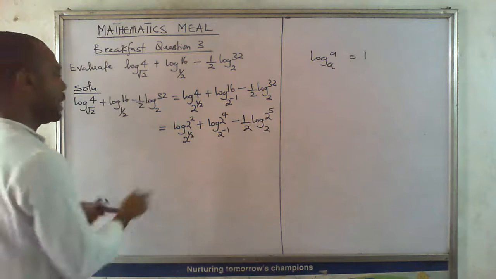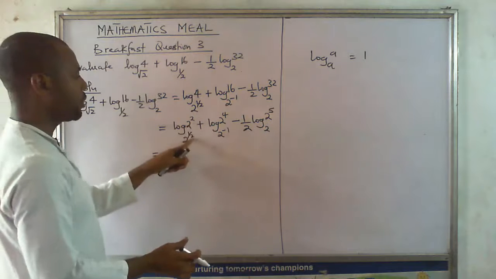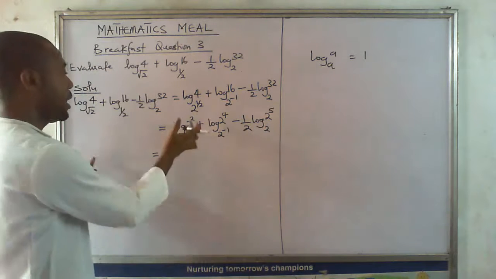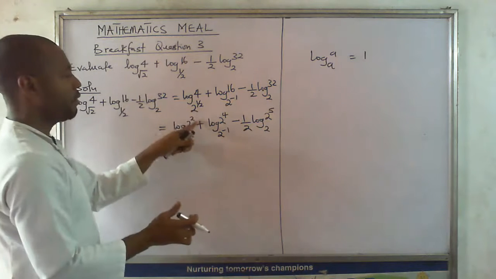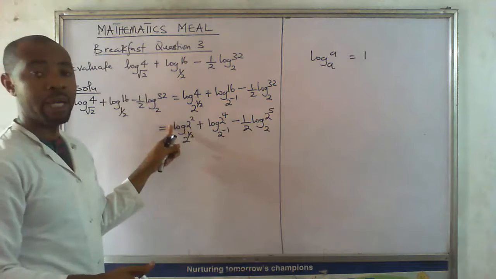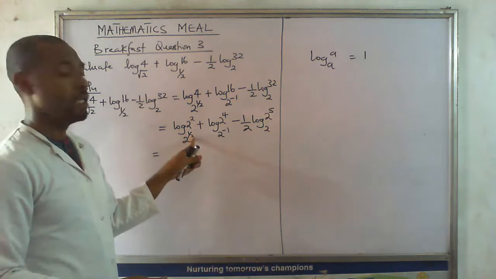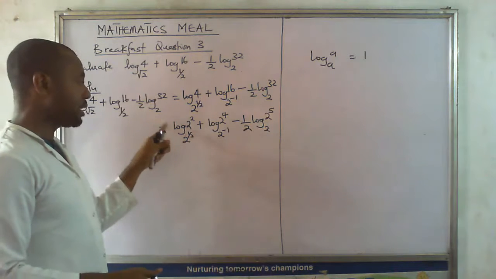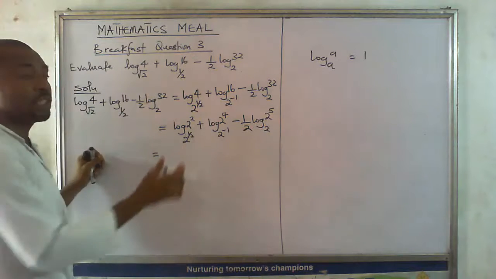Okay? Now, I need to take away the power on the number and also the power on the base. When the power on the number is taken away, it becomes the coefficient of the log. If the power is on the base, it's the same thing as the reciprocal of the coefficient of the log.